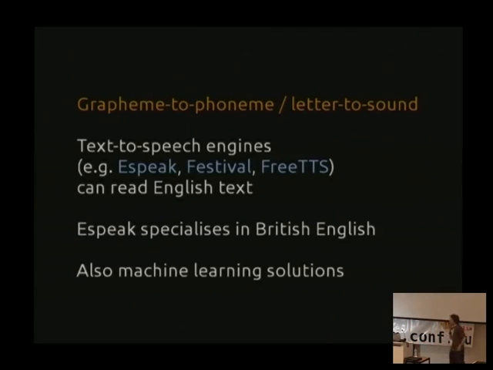Now, text-to-speech systems, they read English, which is basically what the pronunciation model is. And so you can use them to make a dictionary by just giving them every single word and telling it to tell you how it's said. And they're using rules. eSpeak's a good one.